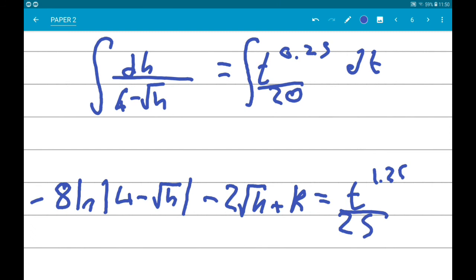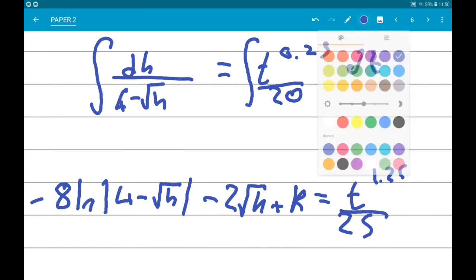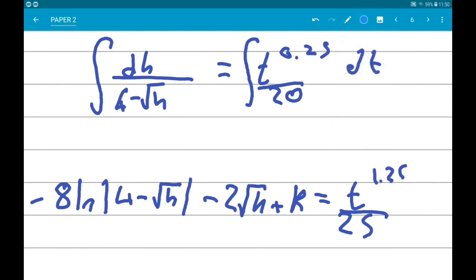Alright, so now we know that when t is 0, h is 1.